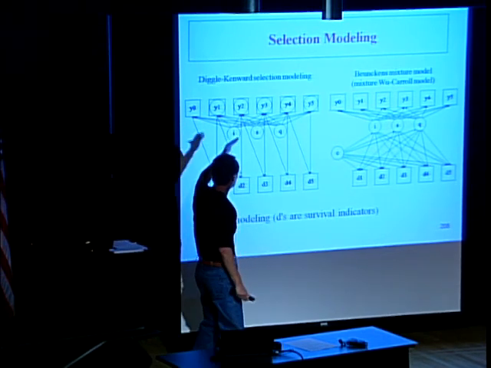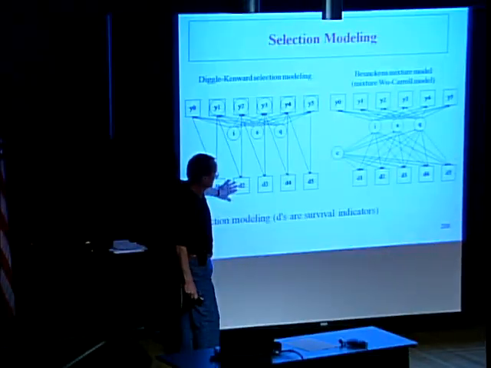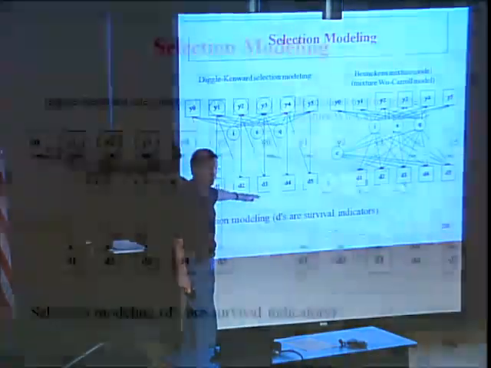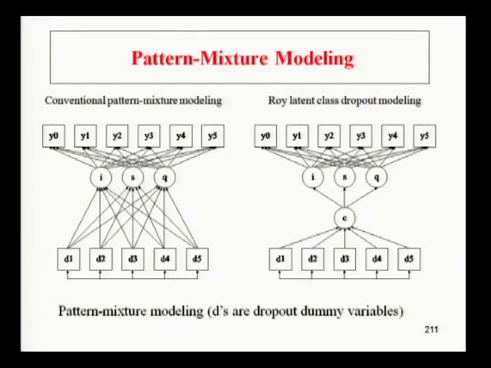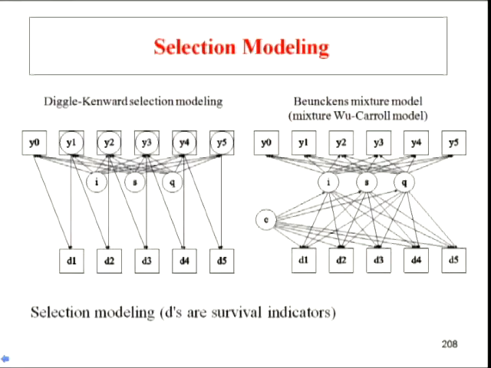On the left, the dropout information is a dependent set of variables predicted by Y, which is very relevant. Why, if you're depressed, medicine doesn't work, you drop out. That makes sense. But pattern mixture turns it around. I think this is Rod Little's favorite. Missingness influences Y. So the arrows go in the other direction.